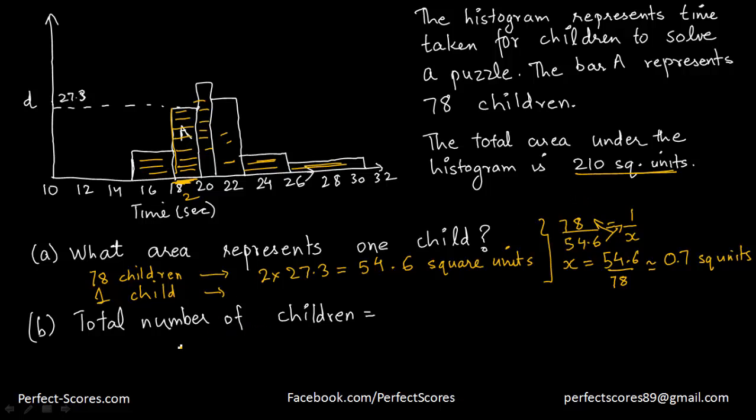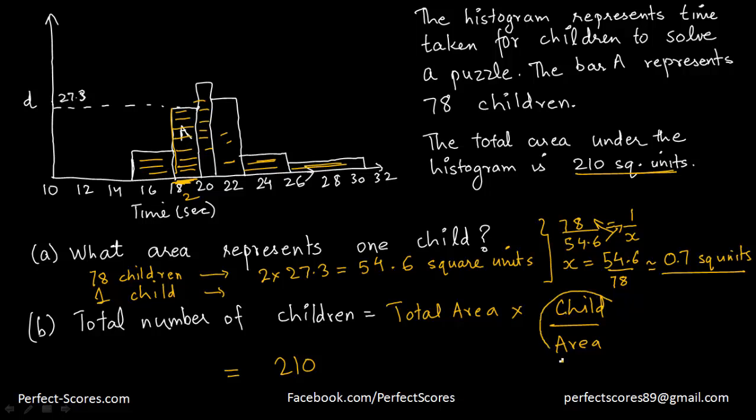If the total area is 210 square units and each child takes 0.7 square units, then the number of children is the total area divided by the area taken by each child. So it's going to be 210 divided by 0.7, which is equal to 300 children.